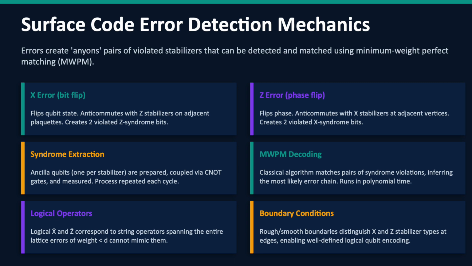This minimum weight matching problem has efficient classical algorithms that can solve it quickly enough to keep pace with quantum hardware. The classical decoding step runs continuously in real time as the quantum computer operates.